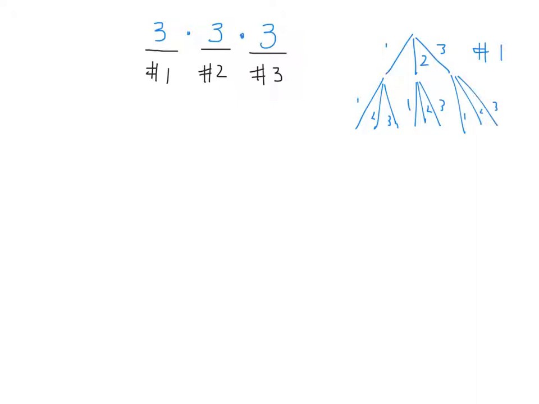And off of each of those you could put 3 different digits. And this pattern repeats along the way. What that means is every path through this tree is a different 3-digit number that you've produced.